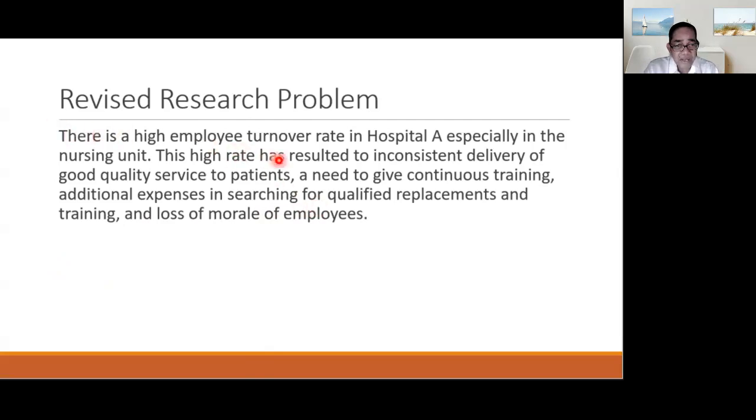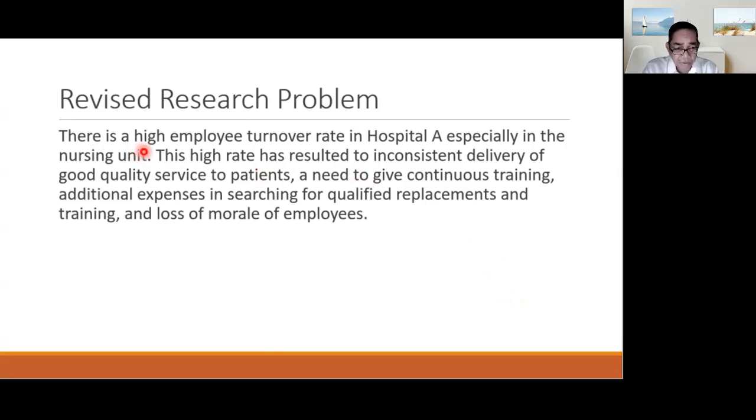There is a high employee turnover rate in Hospital A, especially in the nursing unit. That's a problem. That's a statement of the problem. And this high rate has resulted in inconsistent delivery of good quality service to patients, a need to give continuous training, additional expenses in searching for qualified replacements and training, and loss of morale of employees.